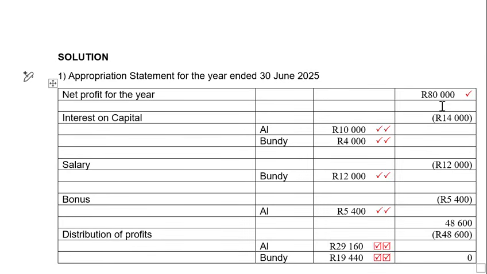So how is the 80,000 profit being divided? Al gets interest on capital of 10,000. That's 5% of 200,000. And Bundy gets 5% of his capital contribution. Together, the interest on the capital for both partners is 14,000.